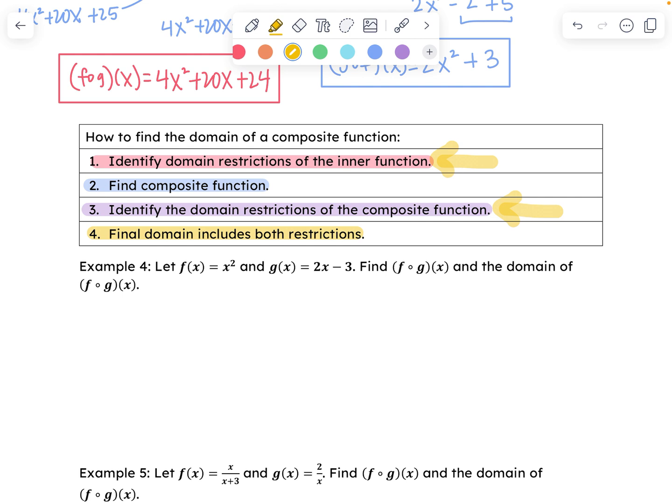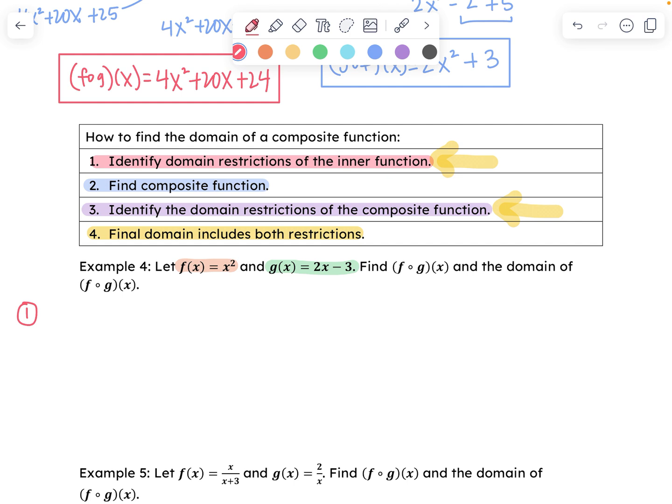So if I'm looking at example 4, we're doing f of g of x. Our f of x is x squared right here. And our g of x is 2x minus 3. So first step is to identify the domain for the inner function.